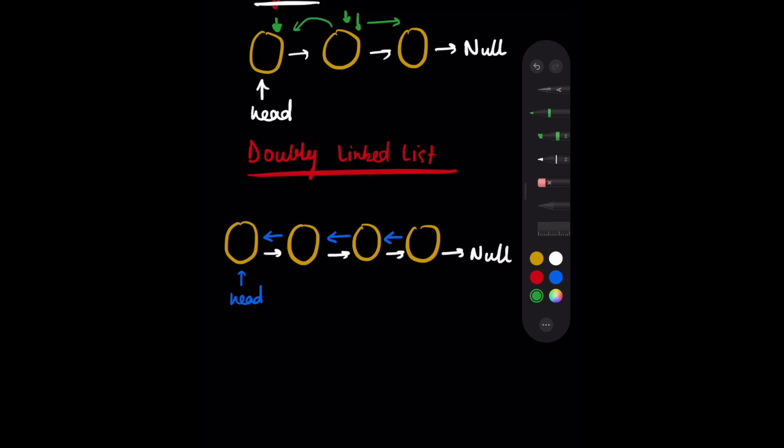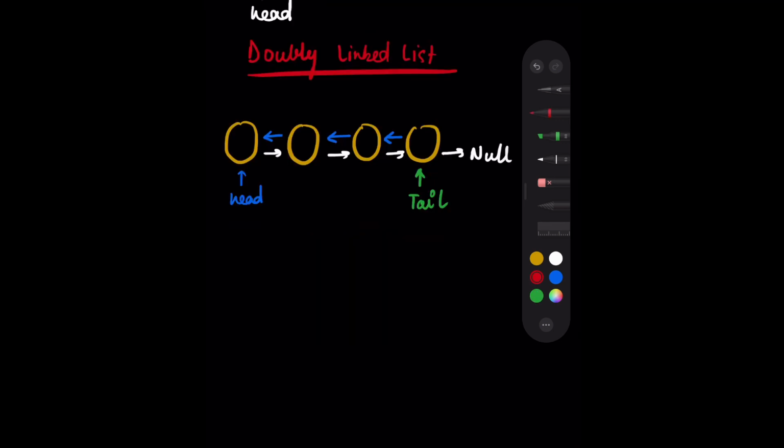But in this particular linked list, I can move in both directions, forward and backwards, which comes in really handy in a lot of situations. And in this list, we sometimes also store the pointer to the last node, which is referred to as the tail. This helps in traversing the linked list in a reverse fashion.